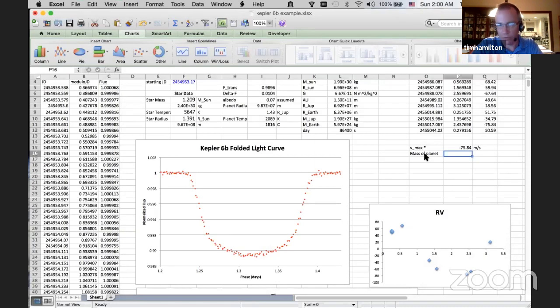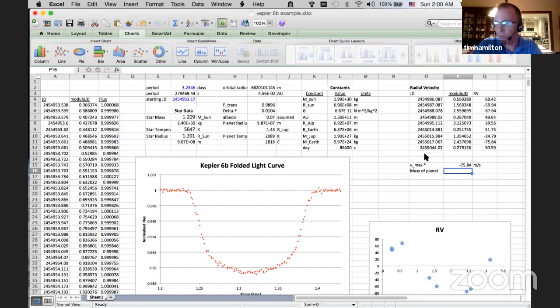Okay, we've got the mass of the star, we have the orbital radius, we've got G, we've got V max. We're ready to go. That's equal to maximum velocity of the star times the square root of, we don't need parentheses, just the first parentheses, the orbital radius in meters times the mass of the star in kilograms divided by the gravitational constant G, close parentheses.